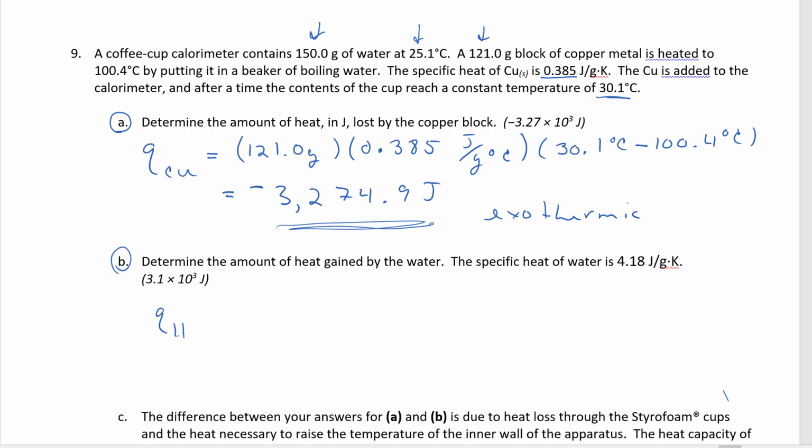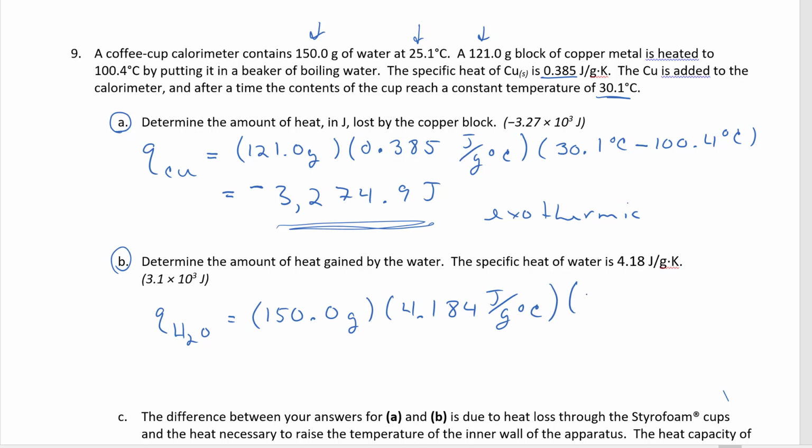So for the heat gained by the water, we're going to use the same method. It's going to be the mass of the water, which is 150.0 grams, times the specific heat of the water, I use 4.184 joules per gram degrees Celsius.